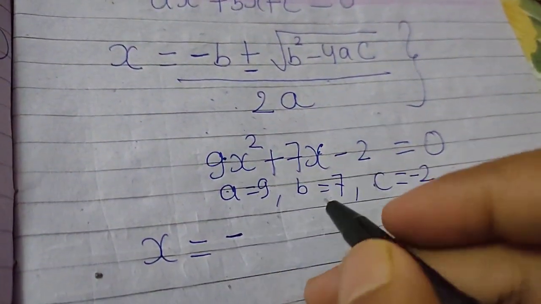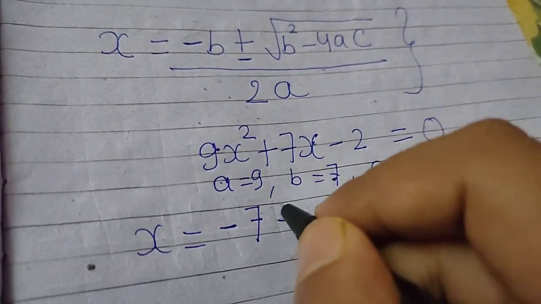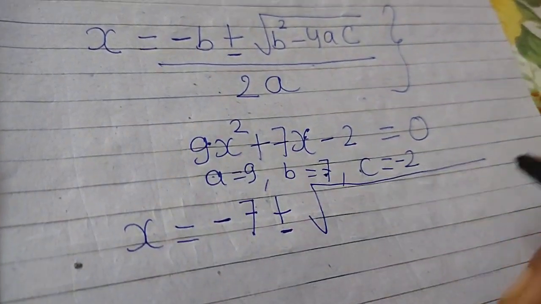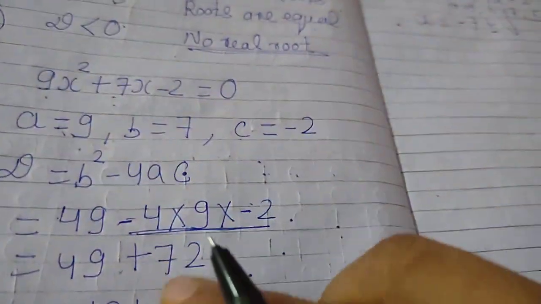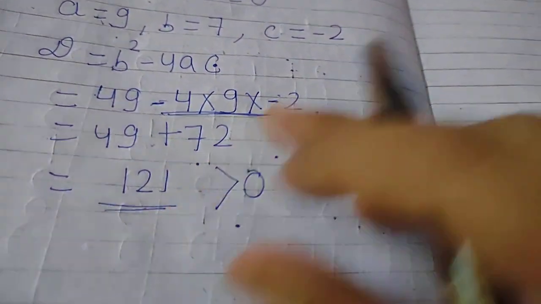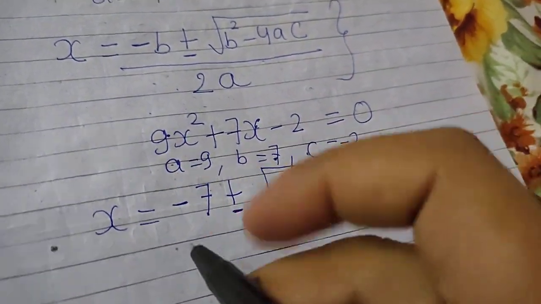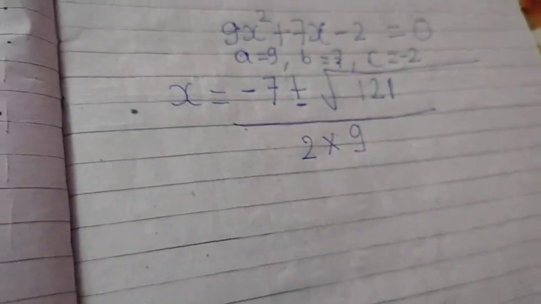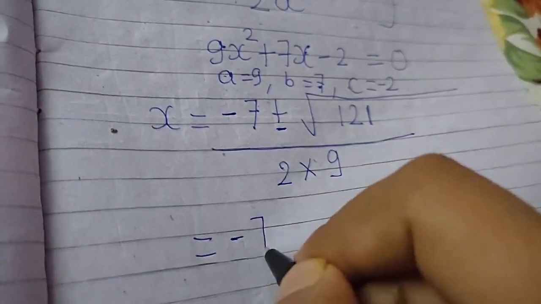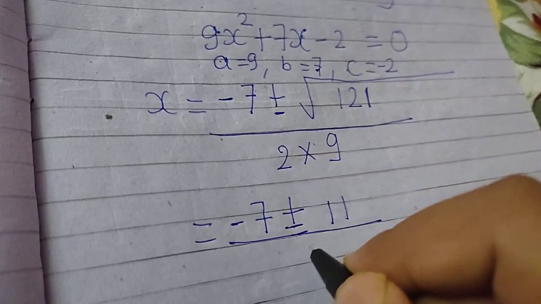Minus b, the value of b is 7, so it will be minus 7 plus minus under root b square minus 4ac. See that b square minus 4ac is nothing but D, and we have already found its value, 121, so no need to find it again. We will directly put 121 upon 2 into a, the value of a is 9, so it will be minus 7 plus minus 11 upon 18.